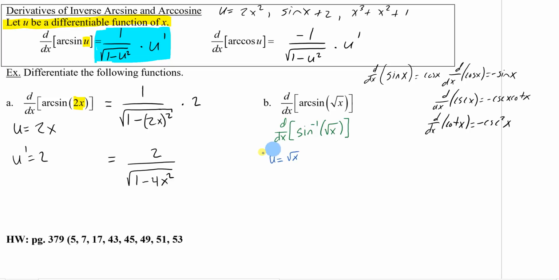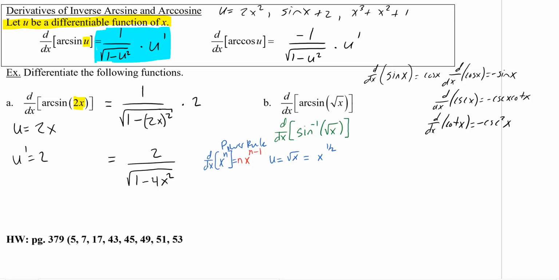However, square root of x is not very derivative friendly because there isn't a rule for taking the derivative of square root of x. I would have to convert it into x to the 1/2 so that I can use the power rule. Just to recall, the derivative of x to the n is, you drop the n, you keep the x, you take 1 away from the power.